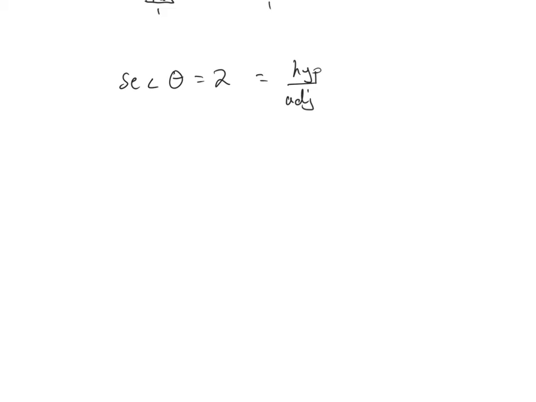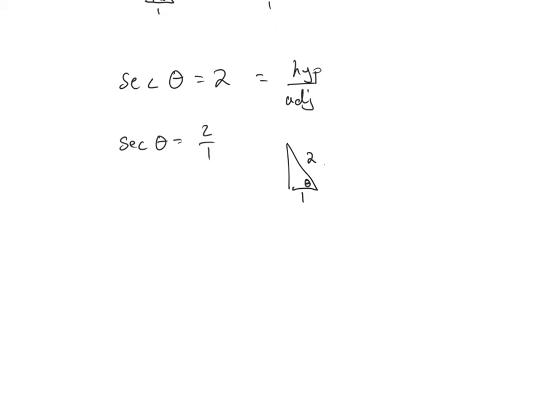So with a secant of 2, I'm going to assume we can always put a 1 underneath the 2, okay? If our hypotenuse is 2 and our adjacent is 1, right? So then this would be our theta here, right? Because this is our hypotenuse here.